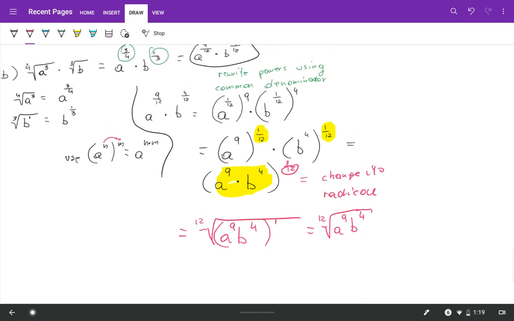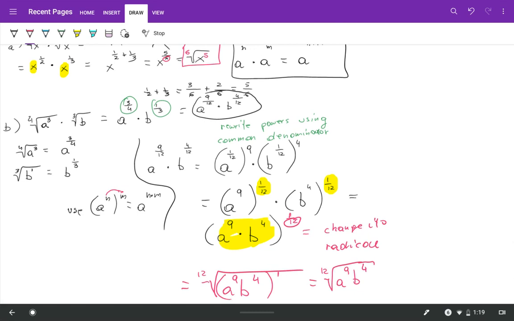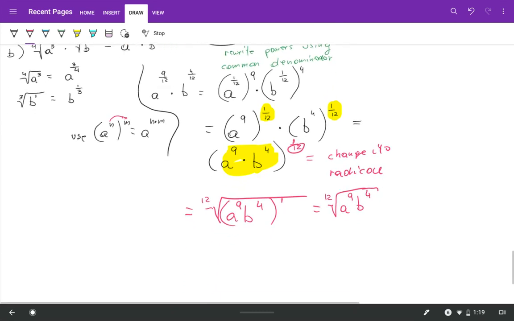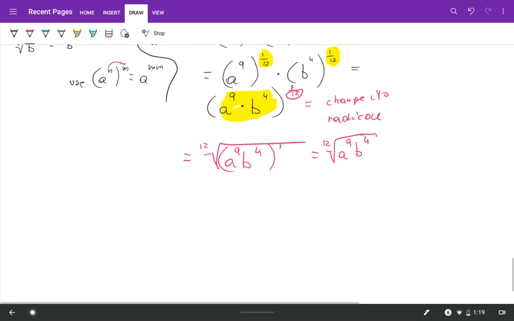So that will be the radical of index 12 of a to the power of 9, b to the power of 4. That was a more tricky problem, but that's the last one. We only worry about simplifying and multiplying those radicals when the indexes are different. So example B definitely was more of a challenge. I want to solve one more for you guys to practice, and then I will be done.